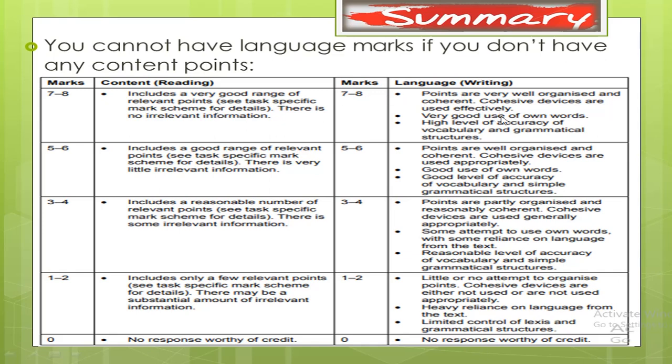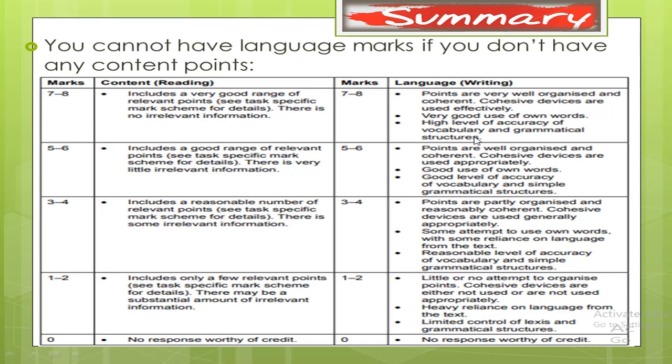Very good use of own words. We have to use our own words. High level of accuracy of vocabulary and grammatical structures. This is also very important. Accuracy of the range of vocabulary and the grammatical structures we use. We can use very good grammatical structures like complex sentence structures. That will enhance the range of our structures.